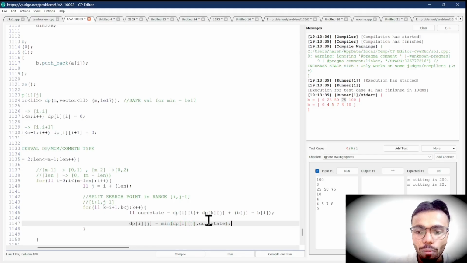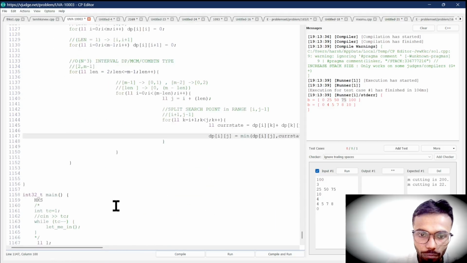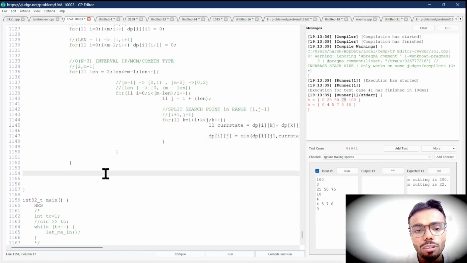So what is our task, guys? Our task is to find the cost for the last one, the complete interval. What is the complete interval? The complete interval is 0 to m minus 1, of total length m, with m elements.